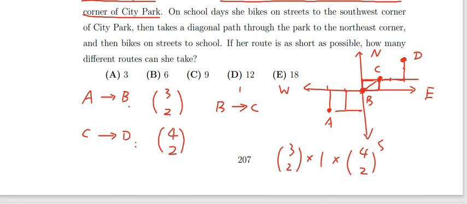So what is 3 choose 2? We say this is 3 ways. What is 4 choose 2? I think it is 6. Okay, so we can stop.